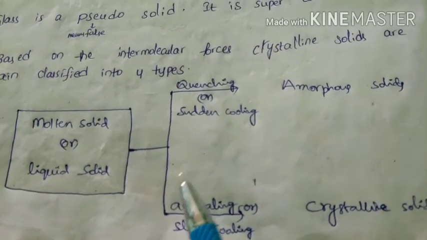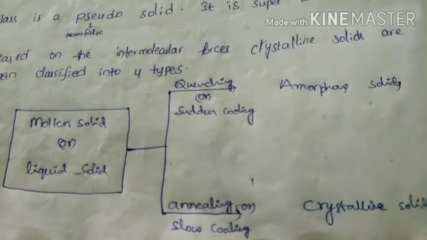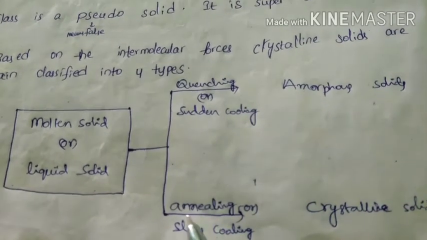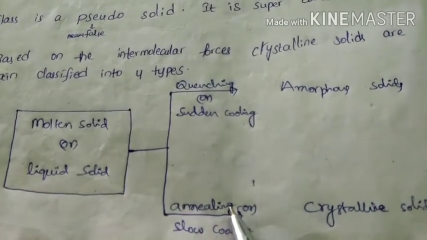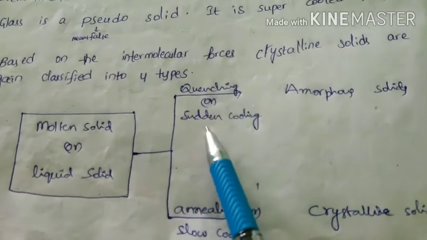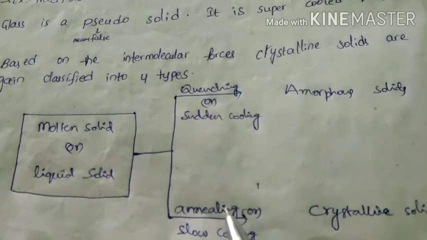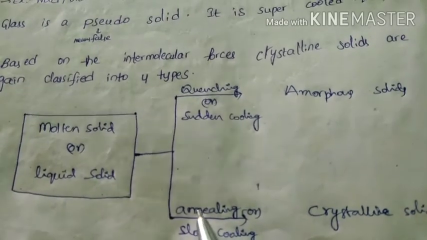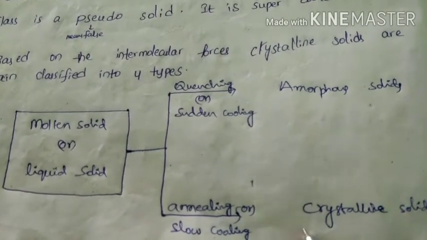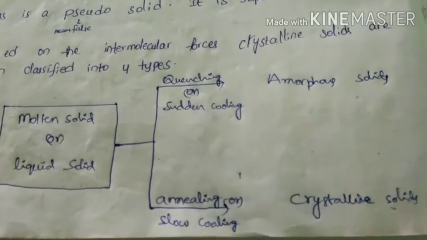Suppose when the temperature slowly reduces, that is annealing. When the temperature suddenly reduces, that is called quenching. When the temperature slowly decreases, that is called annealing. Then crystalline solids are formed. This is an important point.